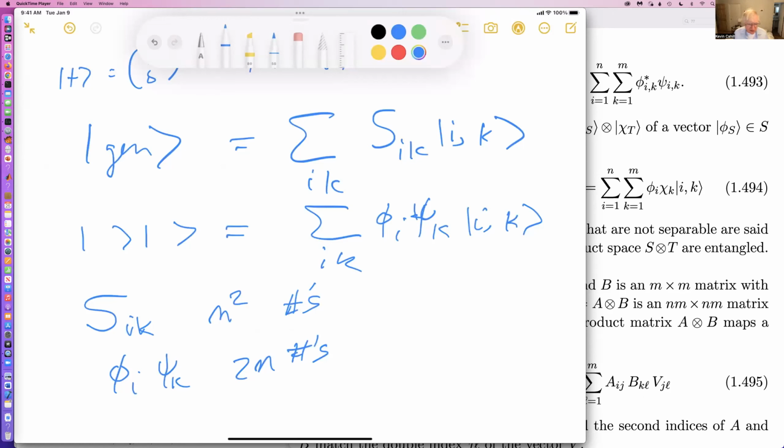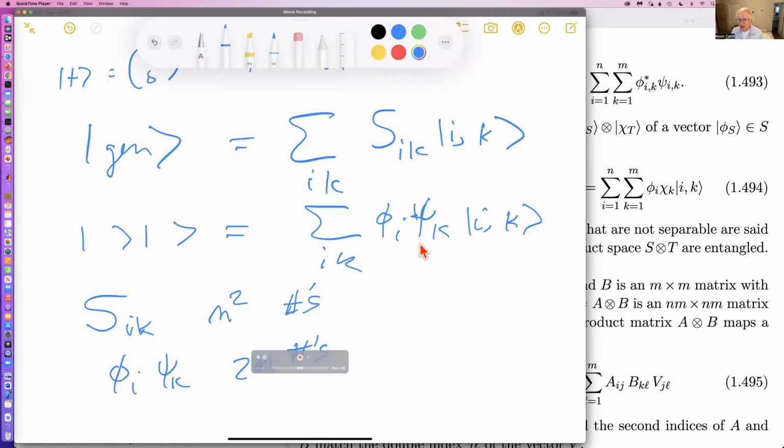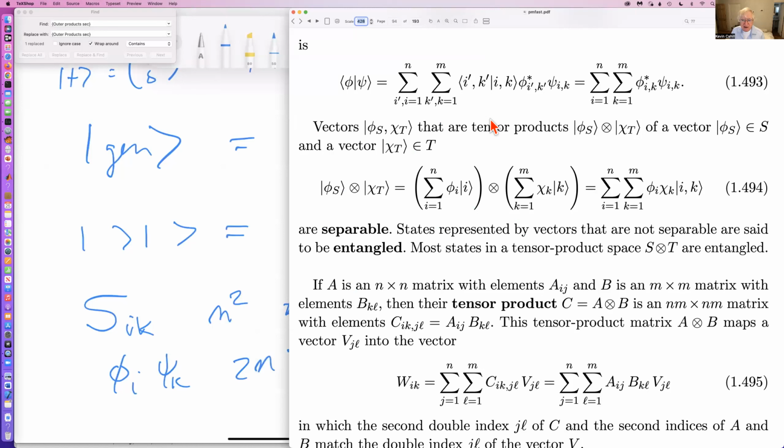There are always more entangled states than separable states. Separable is when you can write it in this very, very special way.